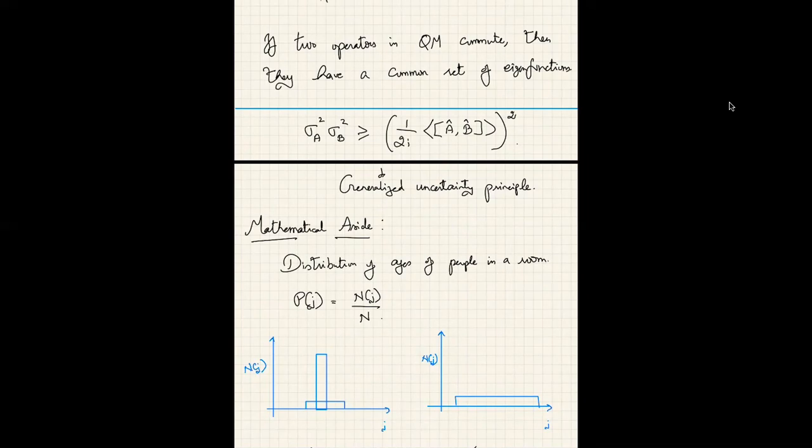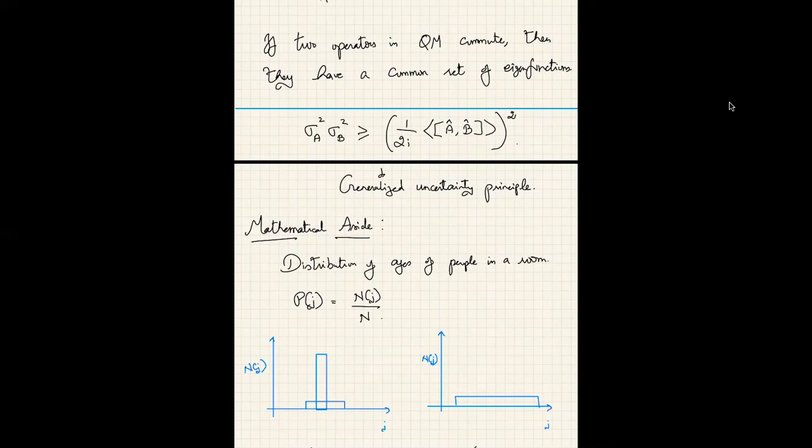This is only for two operators that do not commute. Such operators, for which the commutator of A and B is non-zero, are called incompatible observables. Such pairs of incompatible observables can never be measured very accurately simultaneously. If you measure one very accurately, you are bound to lose information on the second, and vice versa.